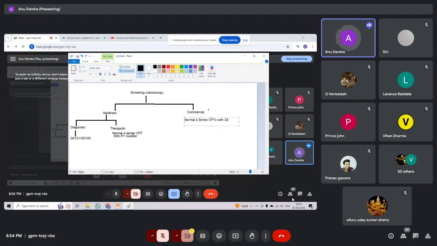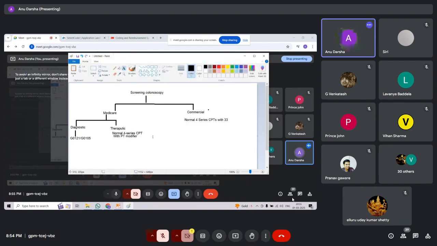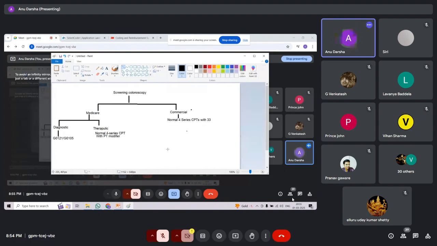For commercial, you have to use the 33 modifier. For Medicare, you have to use the PT modifier if it is a therapeutic procedure. For commercial, whether it is therapeutic or diagnostic, you have only one option, which is 4 series. This G series is applicable only for Medicare payers. Okay, now is it clear?